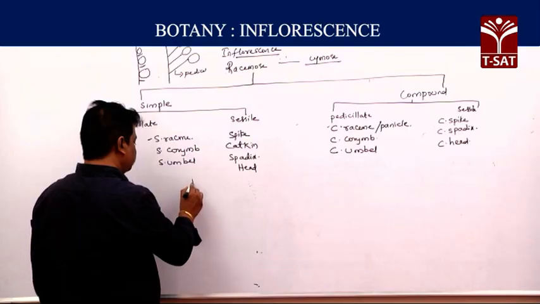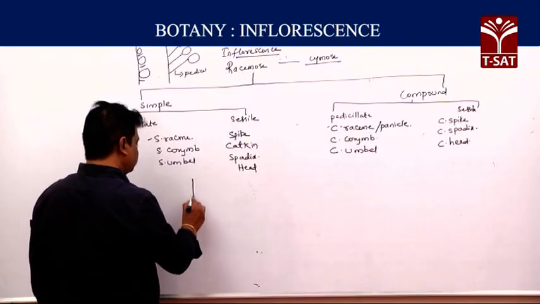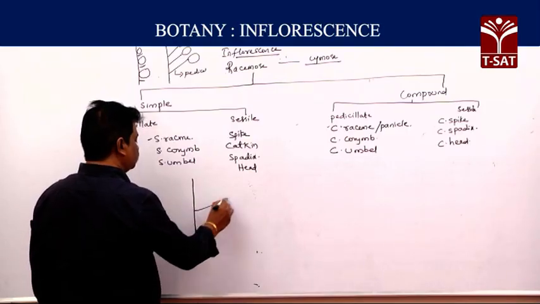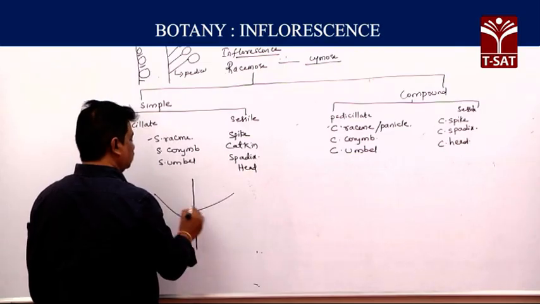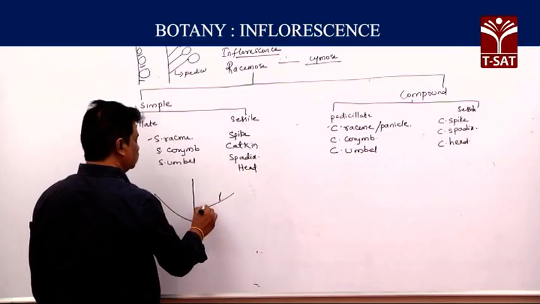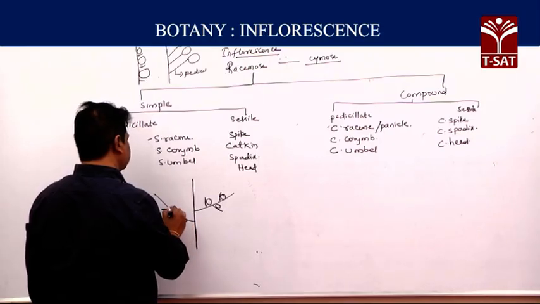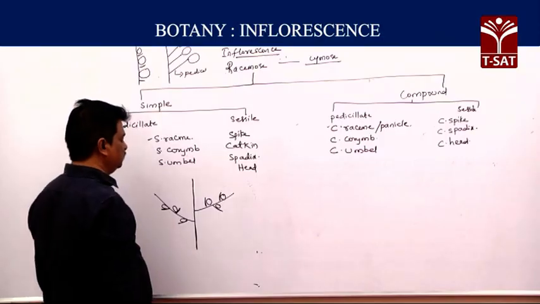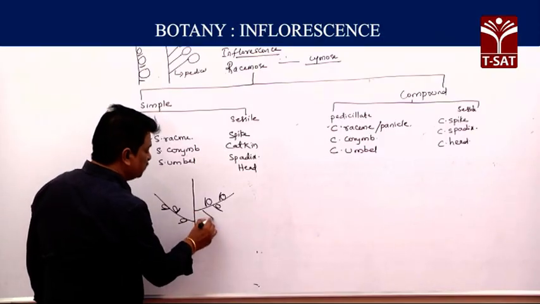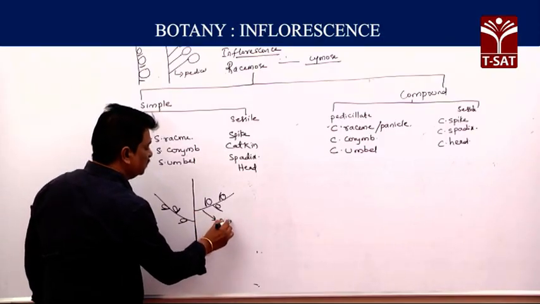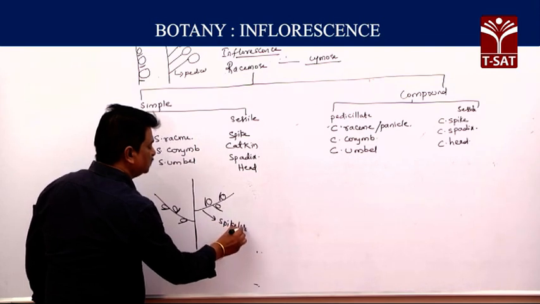In compound spike, same. Compound spike means the peduncle is branched. In compound spike, the peduncle is branched and each branch produces bracteate and sessile flowers. They are limited. Each such branch is called a spikelet.